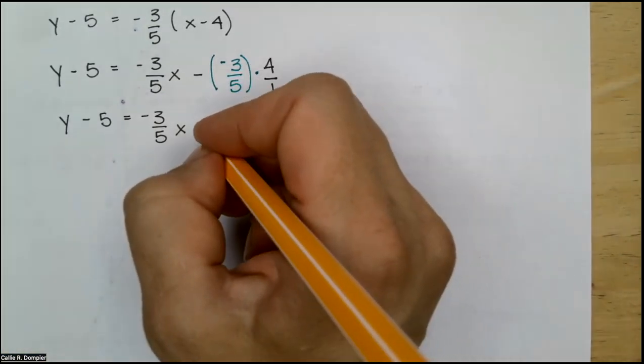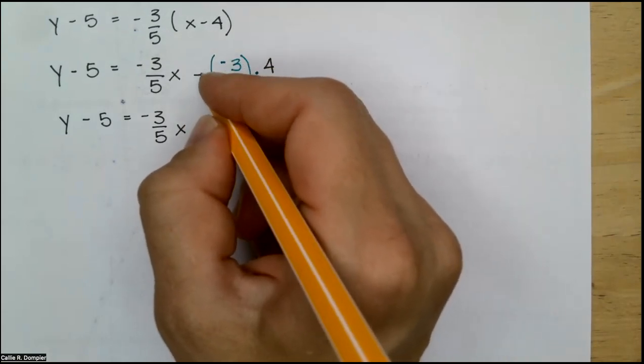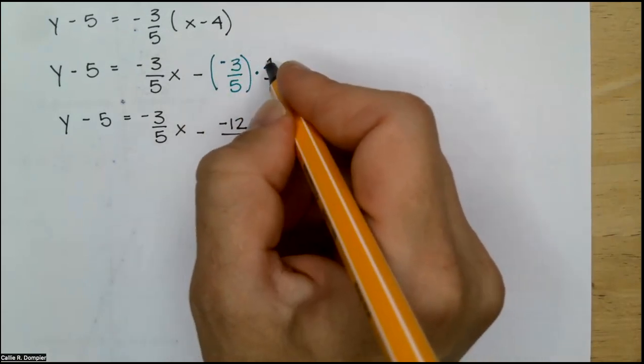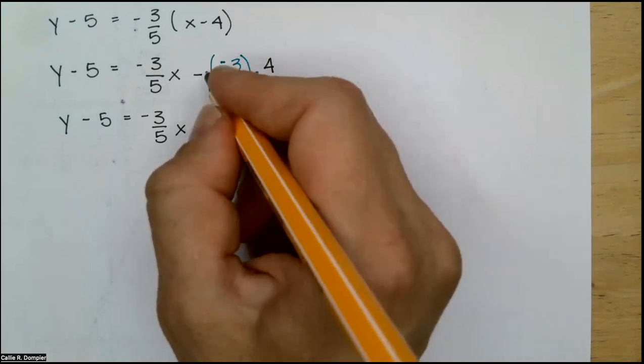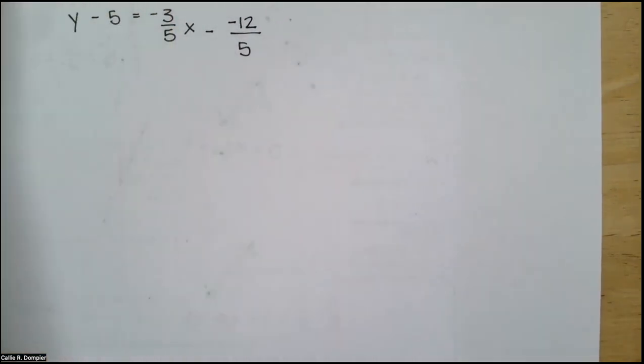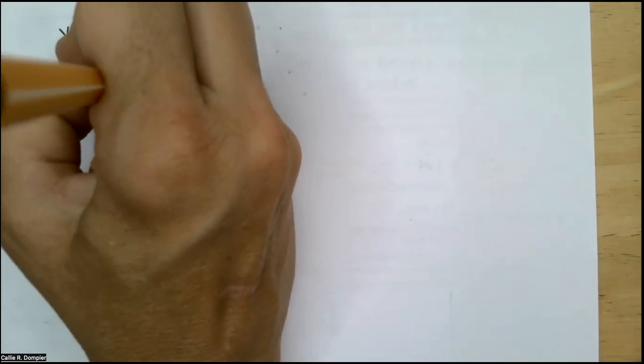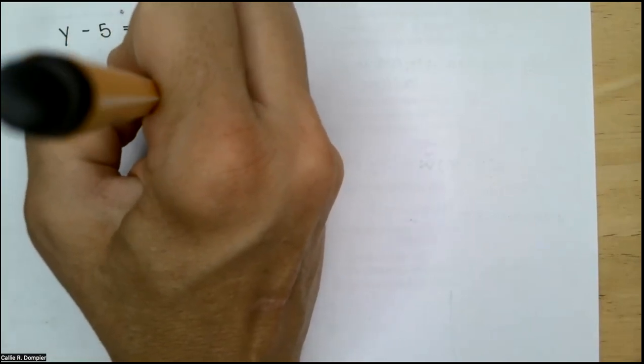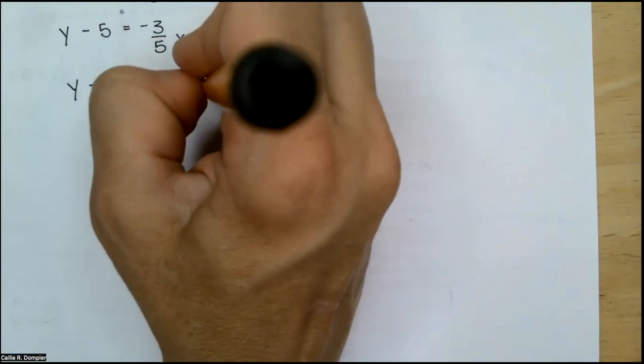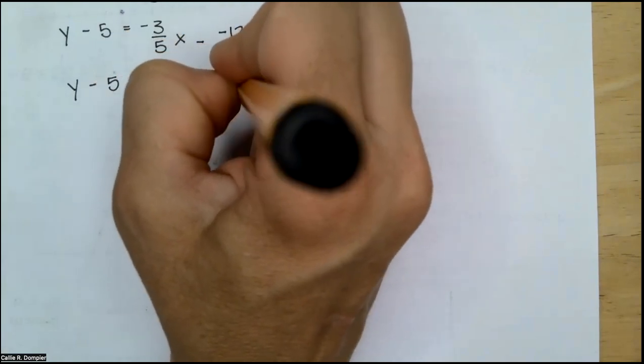So these two are going to cancel this way, or they're going to cancel right here this way. And that would have been a plus. Hopefully that didn't add to confusion. All right, y minus 5 equals negative 3/5 x. Minus a negative is plus 12/5.